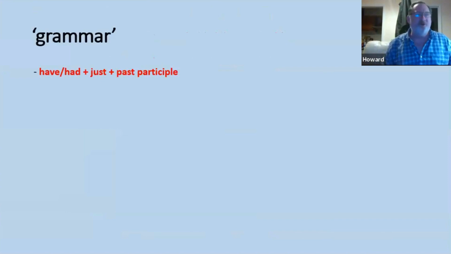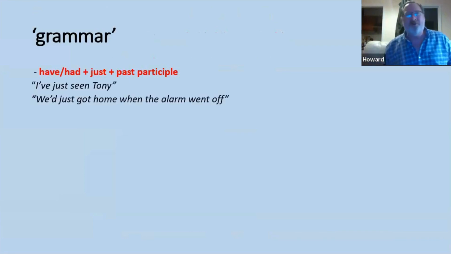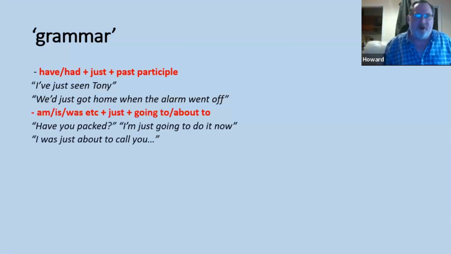One of the most common uses of just is have or had with just and a past participle. Now, you can, if you like, teach present perfect, but what if you're teaching just? This little just. So you've got, I've just seen Tony. We'd just got home when the alarm went off. Then we've got just going to or about to.